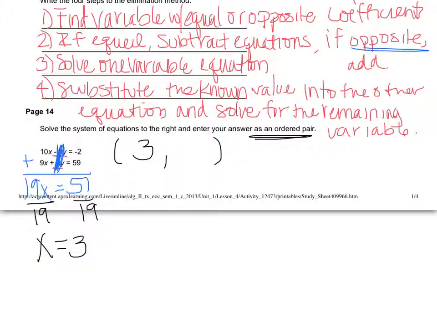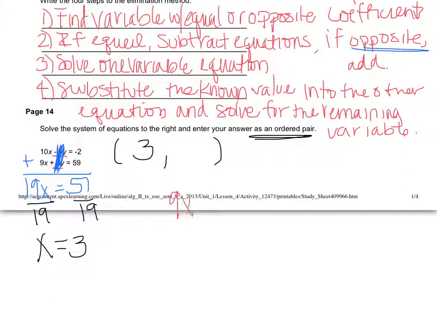Now I can do step 4, which says substitute the known value into the other equation and solve for the remaining variable. What that means is to take one of my two equations, and it does not matter which one, and solve it for y. I'm going to take the second equation, because I like it better since it's all positive.